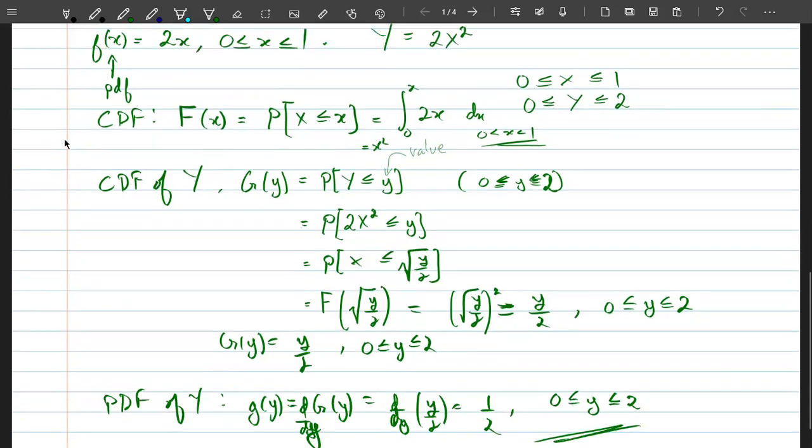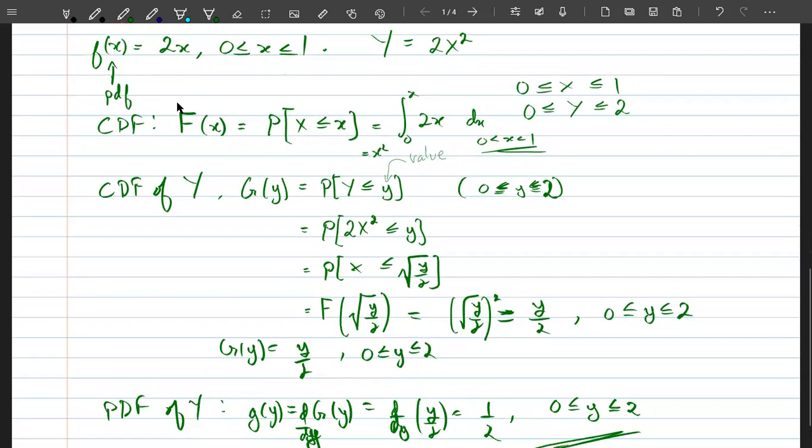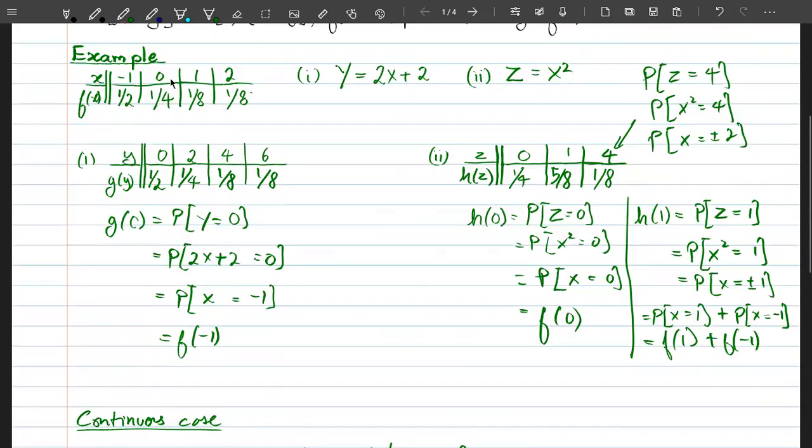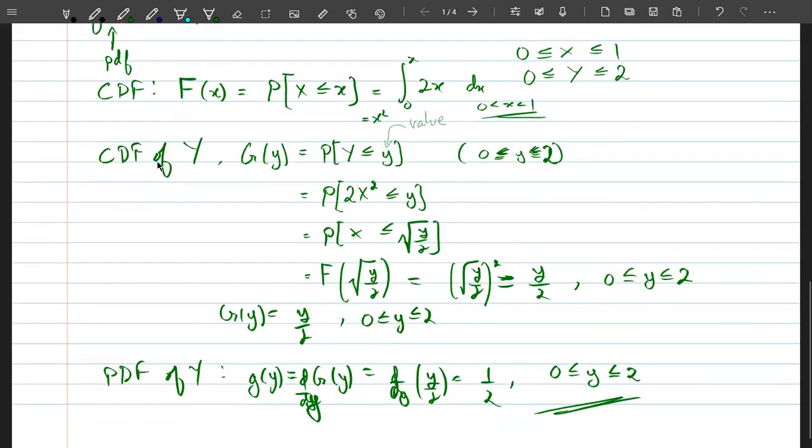So in this example, what we see is that finding the PDF of a function of a random variable is not as simple as in the discrete case. We have to find it indirectly by first finding the CDF of the new random variable and then differentiating it to find the PDF.